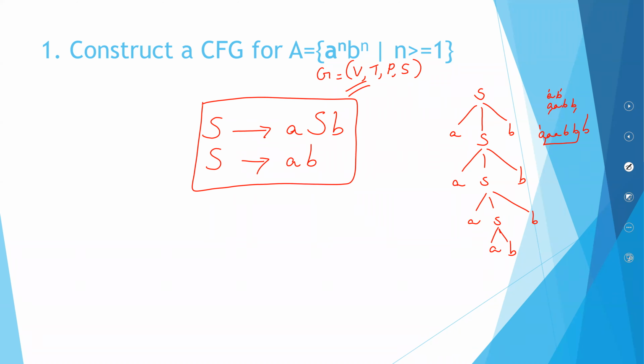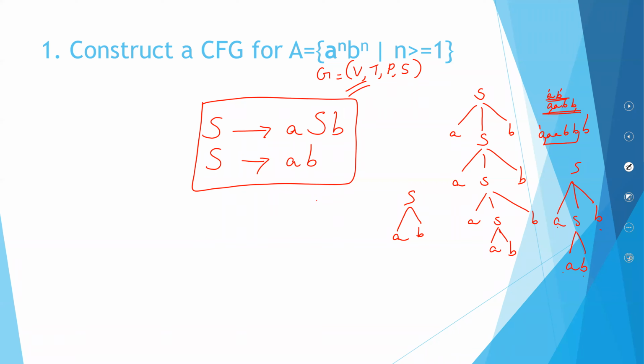So let's try proving everything. Imagine you want to derive AB. You can directly go, S is nothing but AB. That's it. Imagine you want to go for AABB. S is ASB, S is AB, so AABB. Imagine you want to go for AAABBB.